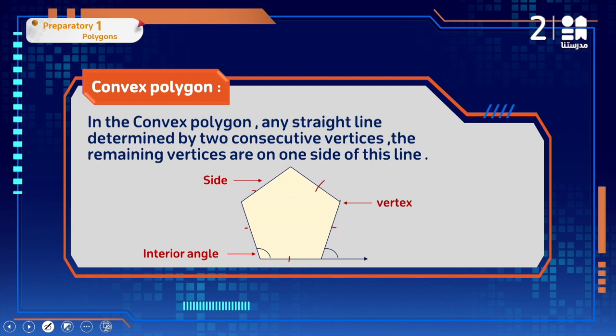Then we have the exterior angle, which is outside, between the extent of a side and the next side. So I have 4 things: side; vertex, which is a corner; interior angle, which, from its name, is inside the figure; and exterior angle, which is outside the figure, between the extent of a side and the next one.